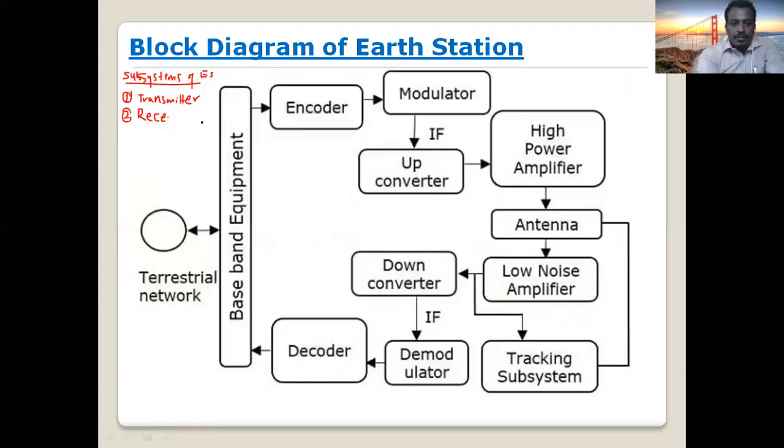The receiver subsystem we'll discuss one by one. The third one is the antenna subsystem. And finally, we have the tracking equipment subsystem. So there are basically 4 subsystems for a satellite Earth station.